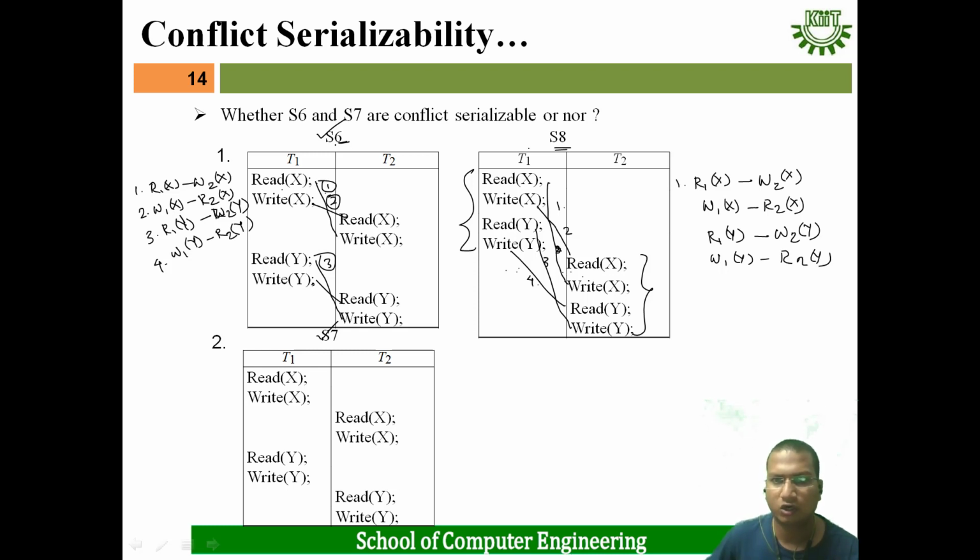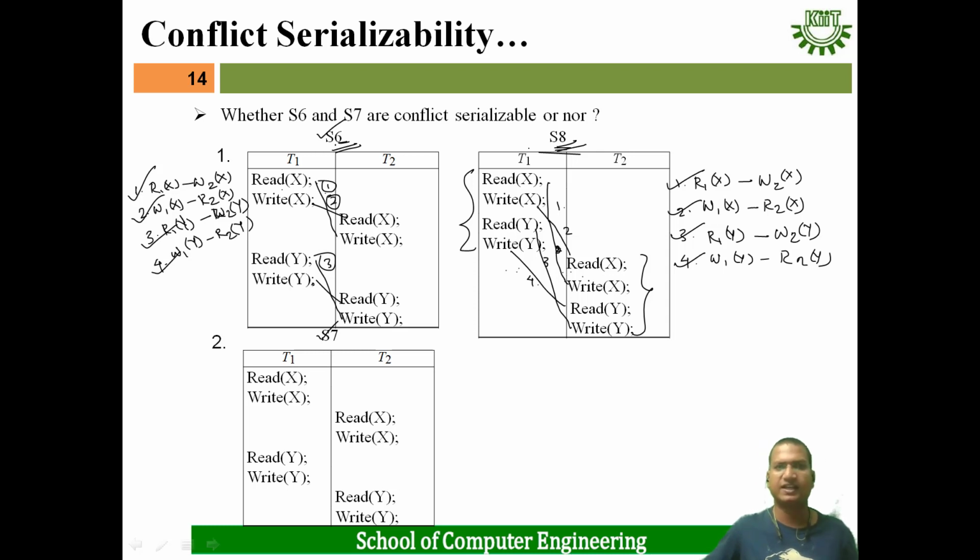Just see whether the order of conflicting operations in both the schedules is the same or not. Yes: R1X W2X, R1X W2X; W1X R2X, W1X R2X; R1Y W2Y, R1Y W2Y; W1Y R2Y, W1Y R2Y. That means all the conflicting operations present in schedule S6 are in the same order as in schedule S8.